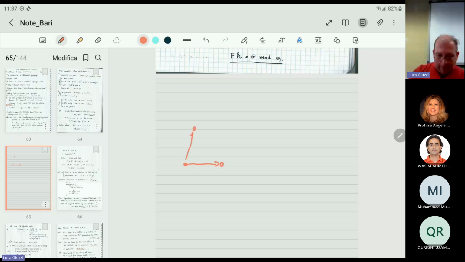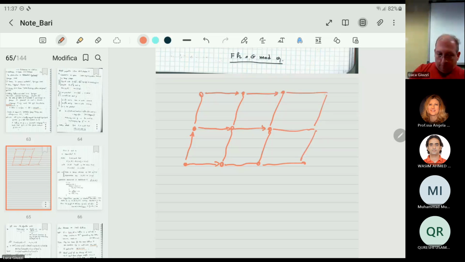Okay, this is our lattice, just to have a picture of what's going on.